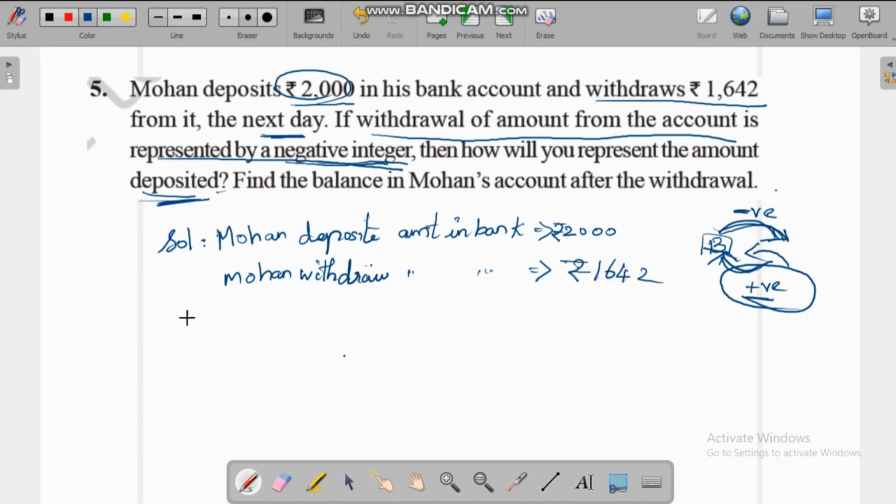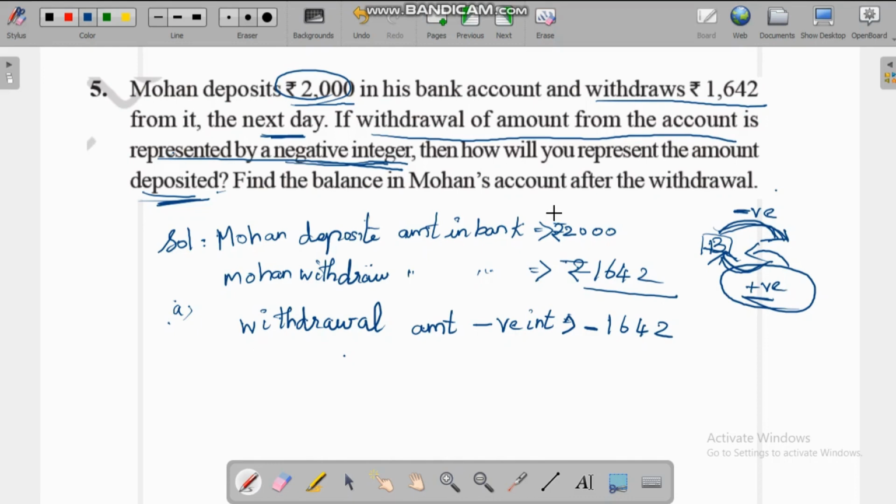Now we can go to part A. The withdrawal amount is represented as a negative integer. The withdrawal amount here is 1,642, which is represented as negative 1,642.